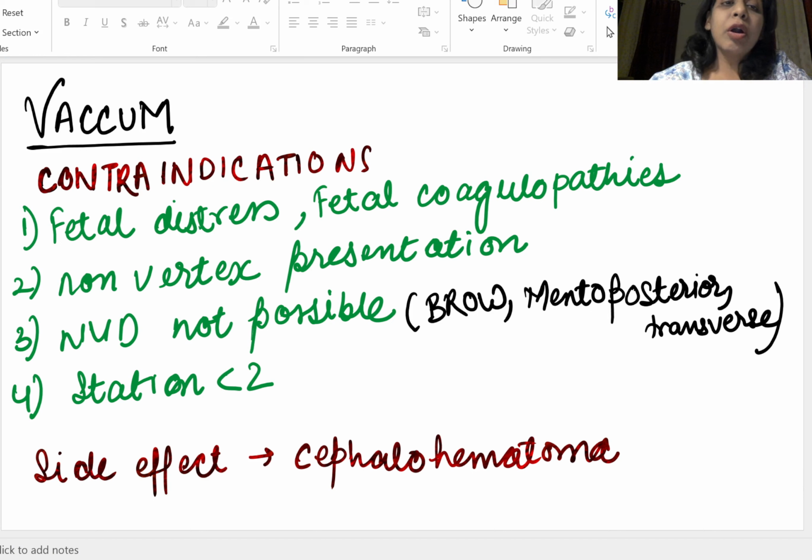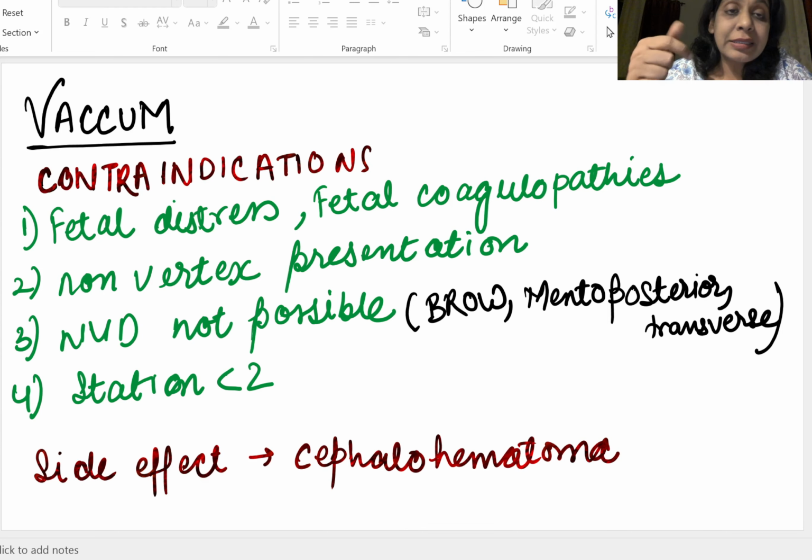What are the contraindications of the vacuum? First of all, the vacuum is applied on the fetal head, and pressure goes to the scalp of the fetal head. So cephalohematoma is the side effect of the vacuum. As I told you, all the injuries are on the fetus. That is why we can't apply it in fetal distress and fetal coagulopathies.